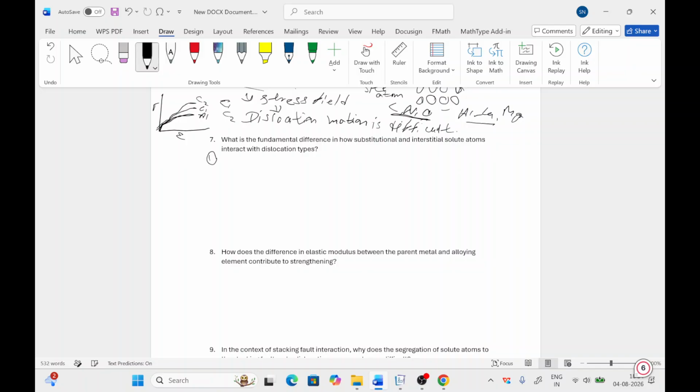First is the elastic interaction. Second is the modulus interaction.